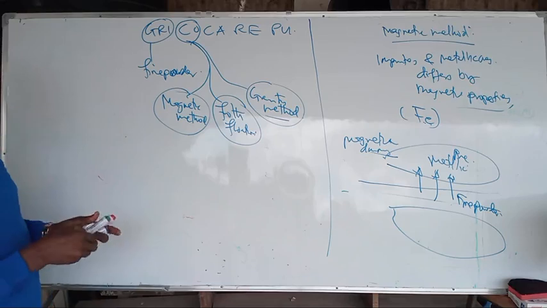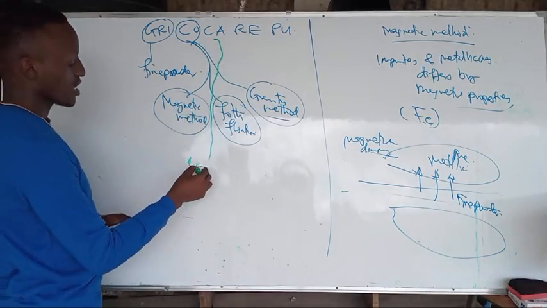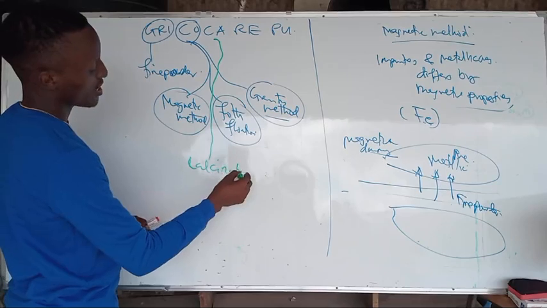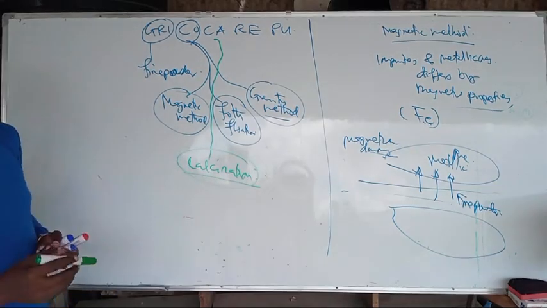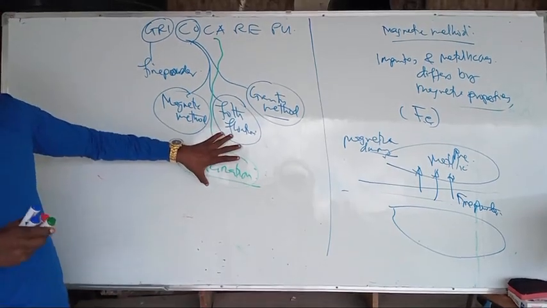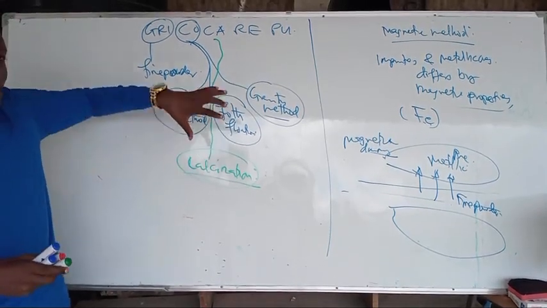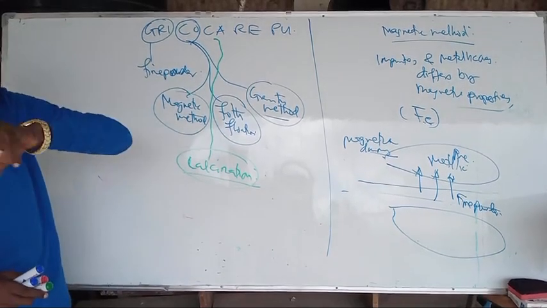The third step is the calcination. Speaking about the calcination, this is the process by which we burn the metallic ore, the one which has been concentrated, the pure metallic ore, not the pure metal.